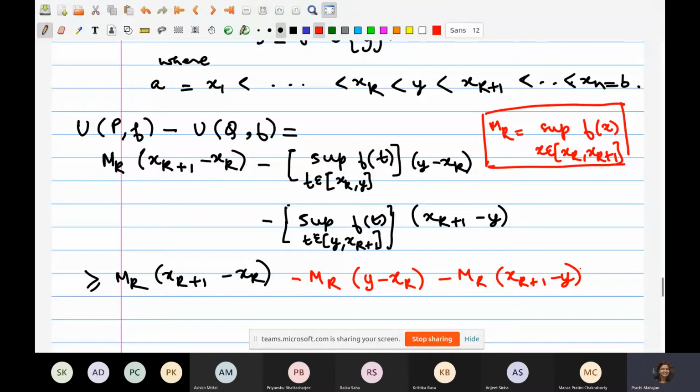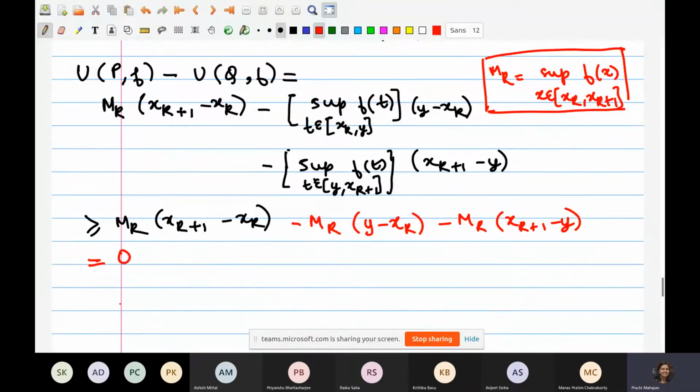I'm just comparing: if A is a subset of B, how does the supremum of A compare with the supremum of B? And this is nothing but 0. So the upshot of all of this discussion is that if Q is a partition of the interval [a,b] having just one more point than the partition P, then U(P,f) is bigger than U(Q,f).